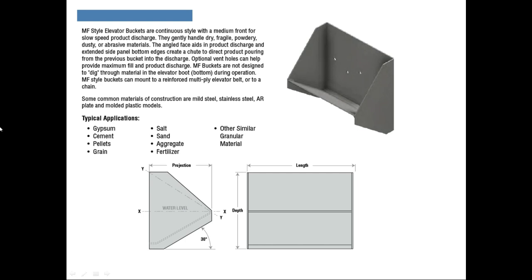The angled face aids in product discharge and extended side panel bottom edges create a chute to direct product pouring from the previous buckets into the discharge. Optional vent holes can help provide maximum fill and product discharge. MF buckets are not designed to dig through material in the elevator boot during operation.